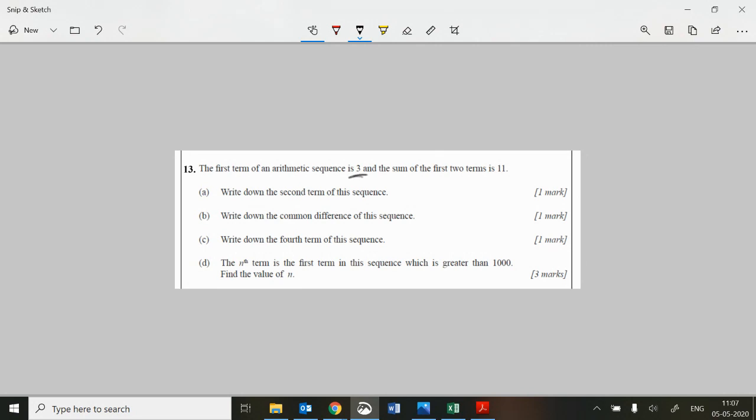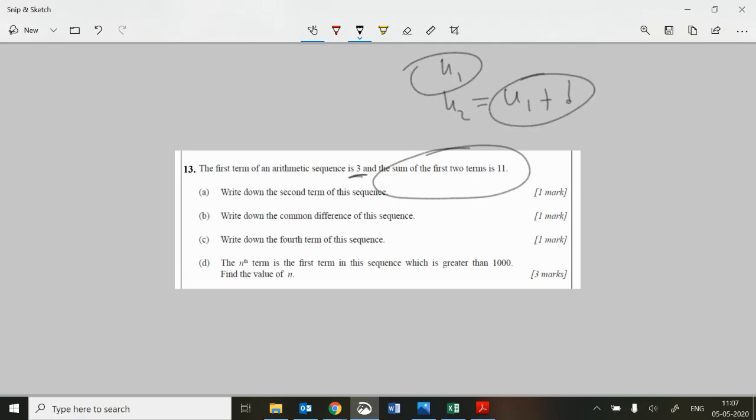The sum of the first two terms, well, the first term is U1. The second term is going to be U1 plus D. The sum of the first two terms is going to be this added with this. So you'll get two lots of U1 plus D. And then you can put that equal to 11.